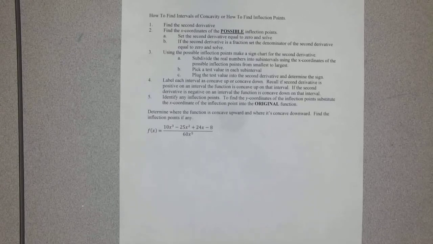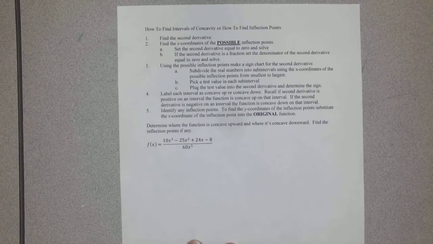Anytime you read those instructions, here are our steps. 1, find the second derivative. 2, find the x-coordinates of possible inflection points. A, set the second derivative equal to 0 and solve. B, if the second derivative is a fraction, set the denominator of the second derivative equal to 0 and solve. Just like you would with critical numbers, but with the second derivative.